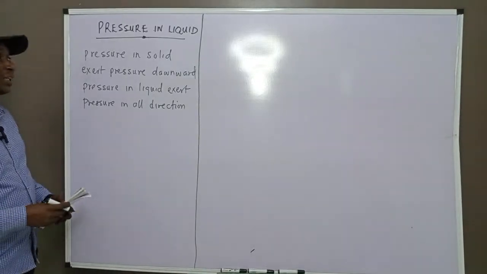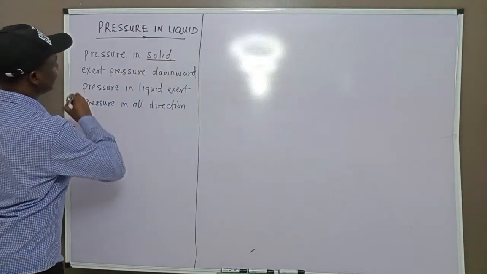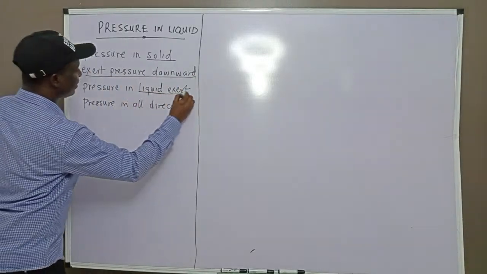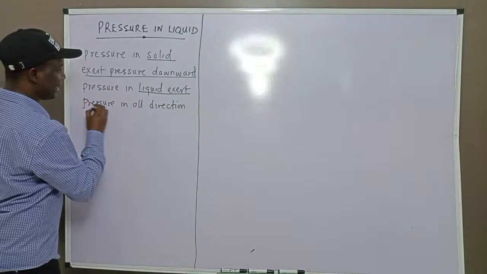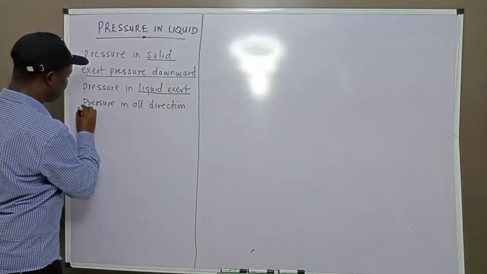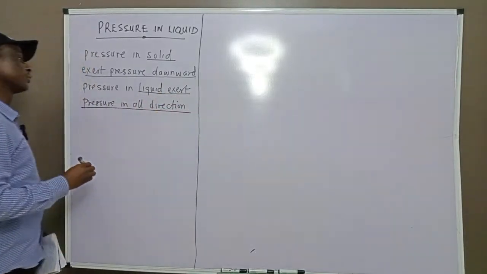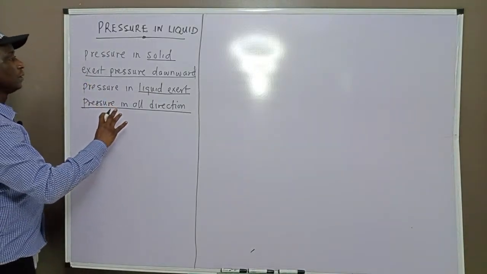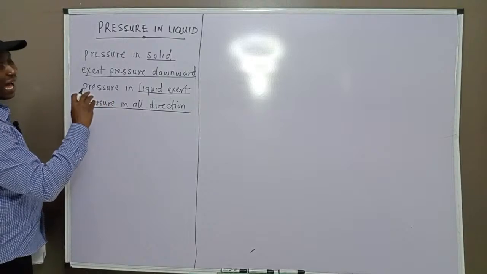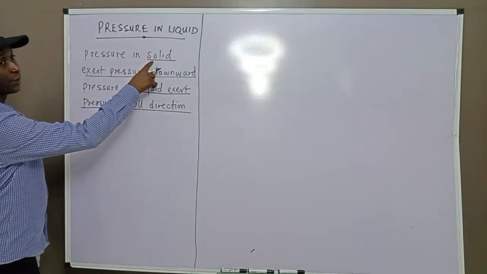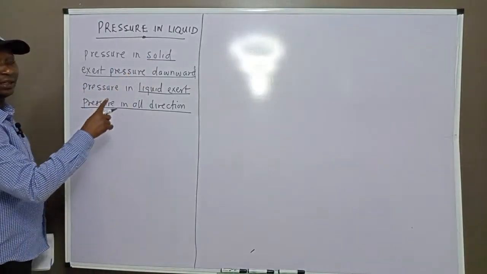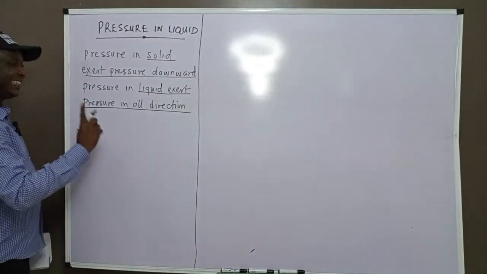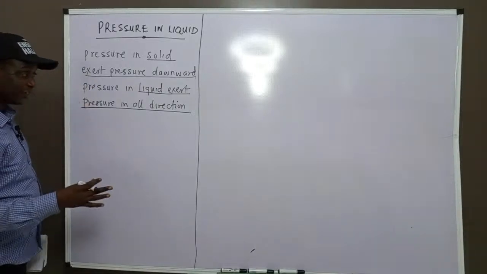Solid exerts pressure downward, while liquid exerts pressure in all directions. So we have been able to differentiate between solid and liquid: solid, pressure downward; liquid, pressure in all directions.